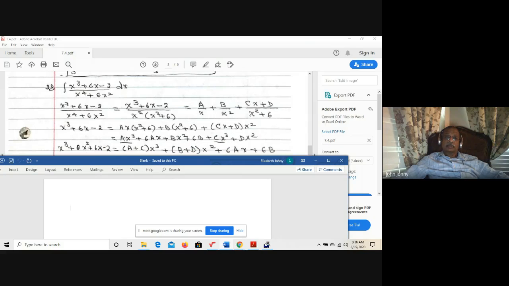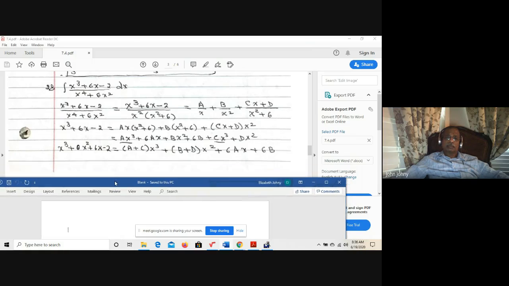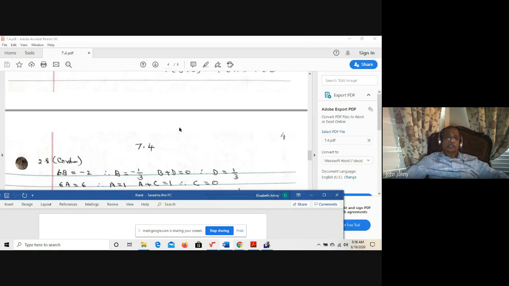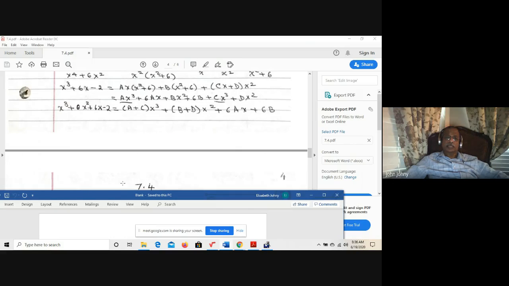Combine like terms: a plus c times x cubed plus b plus d times x squared plus 6ax plus 6b is equal to x cubed plus 0x squared plus 6x minus 2. You compare the coefficients, you get 6b is equal to negative 2.